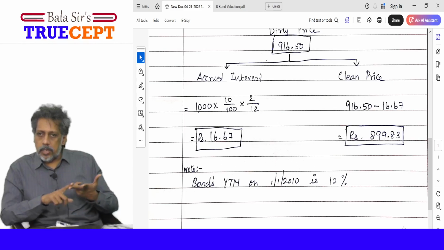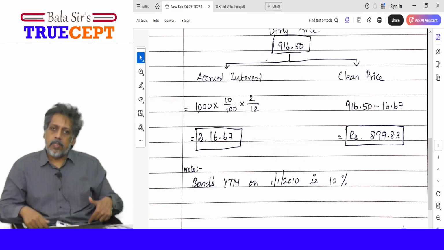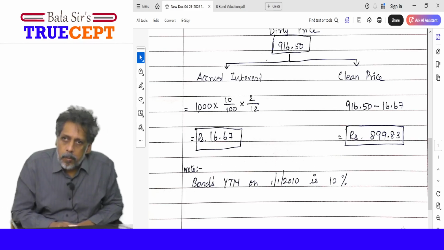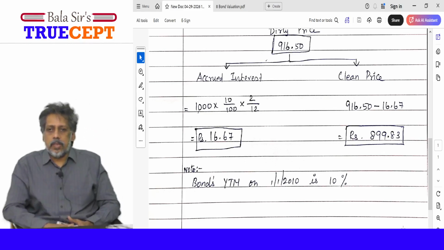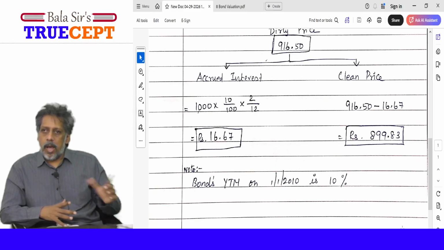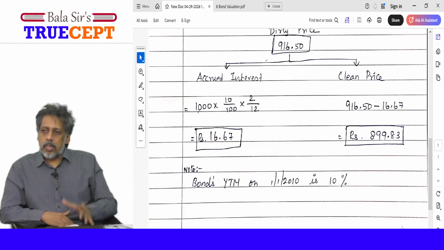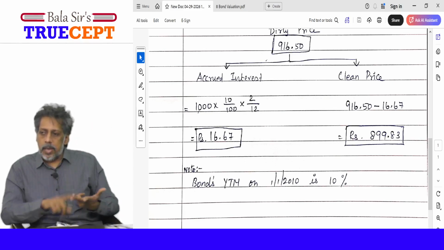You can say that the YTM is same as the coupon rate. How much? 10%. Suppose our bonds were issued at a discount or at a premium, then you have to calculate the YTM. Is that fine? Yes. Because our bonds are issued at par, the YTM will be same as the coupon rate.